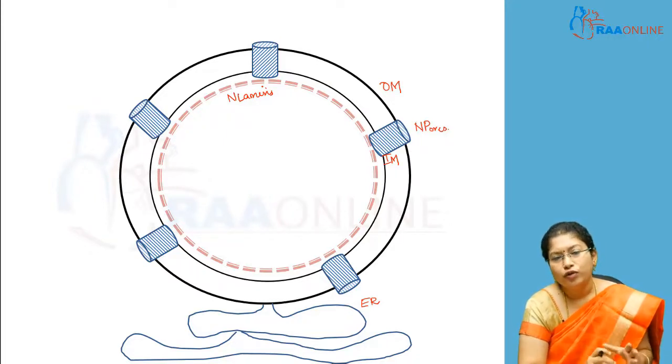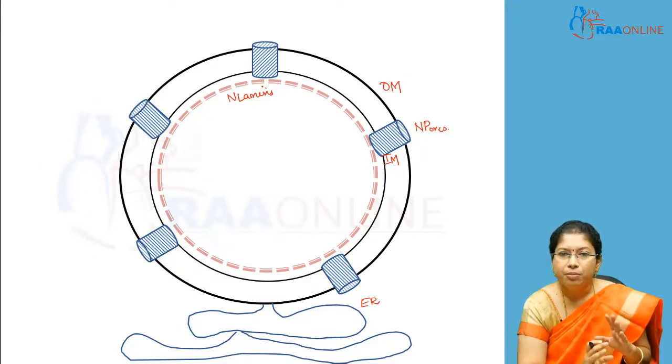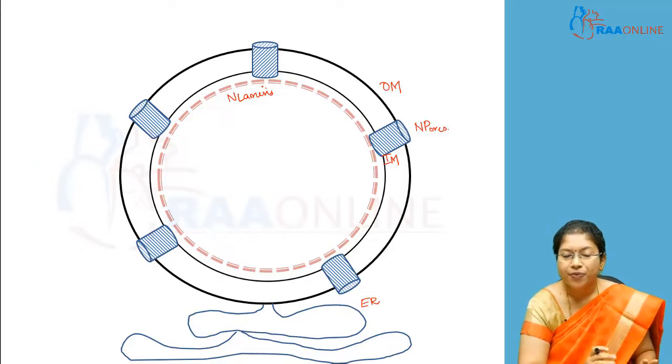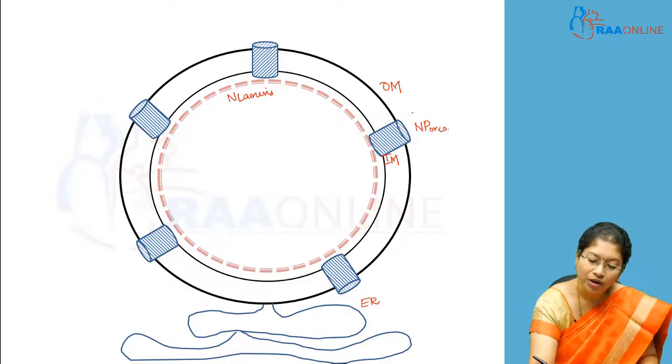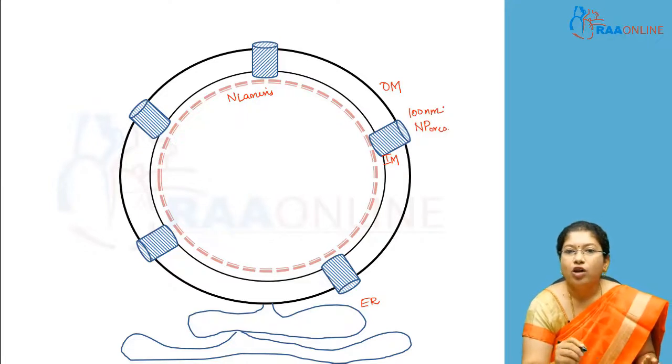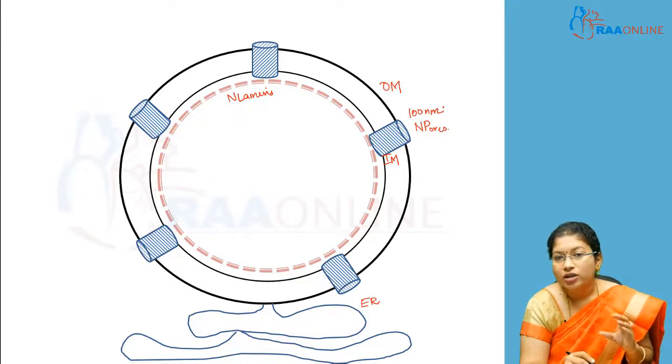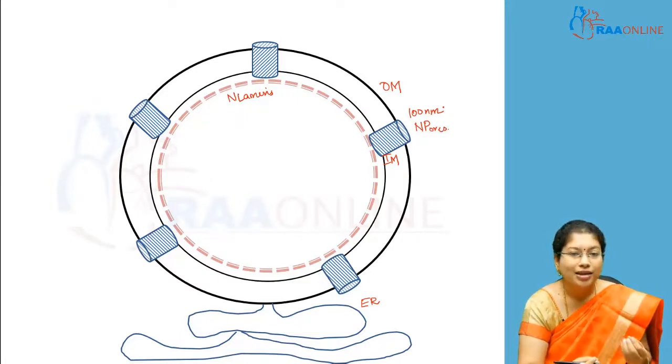What is the importance of nuclear pores? They allow only selective materials, selective ions or solutes, to go outside and inside of the nucleus, because this is 100 nanometers in diameter, whereas it allows only 9 nanometer diameter substances inside and outside.